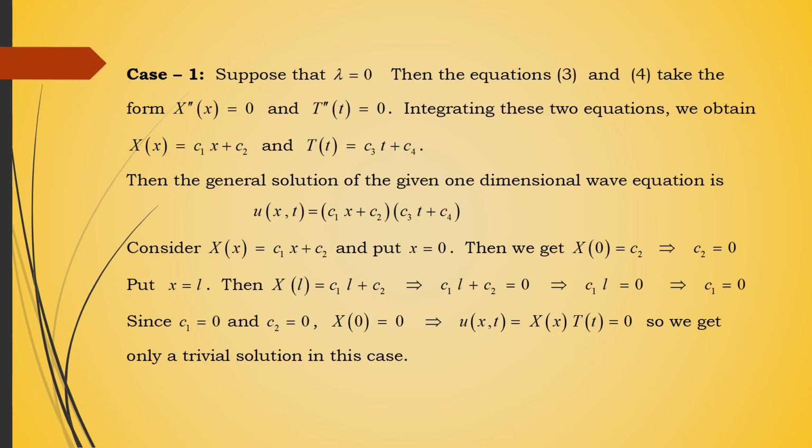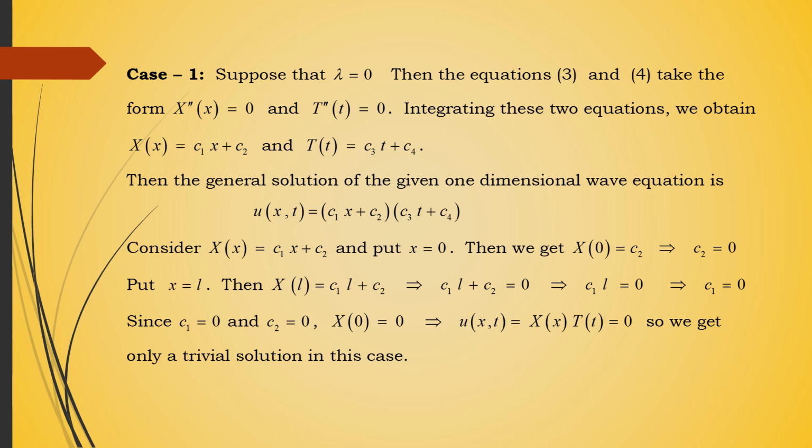Previously, we have shown that X(0) = 0. X(0) = c2 and X(0) = 0 give us c2 = 0.